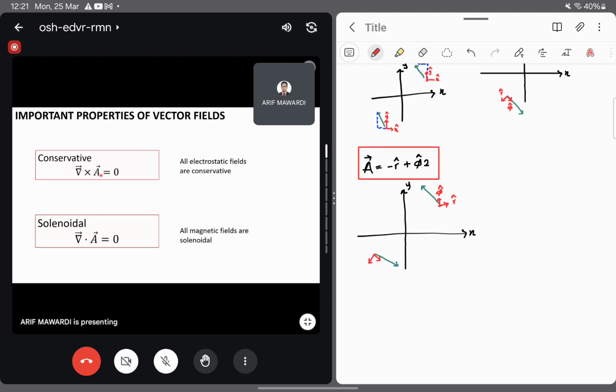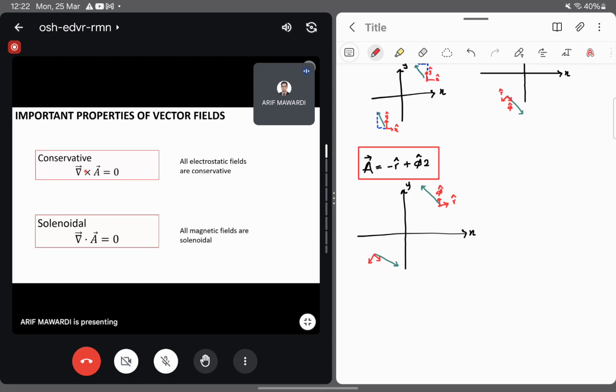And maybe we'll see later in this course, remember, in this course we are going to be dealing with two types of field: one is electric field and the other one is magnetic field. As it turns out, all electrostatic fields are conservative.